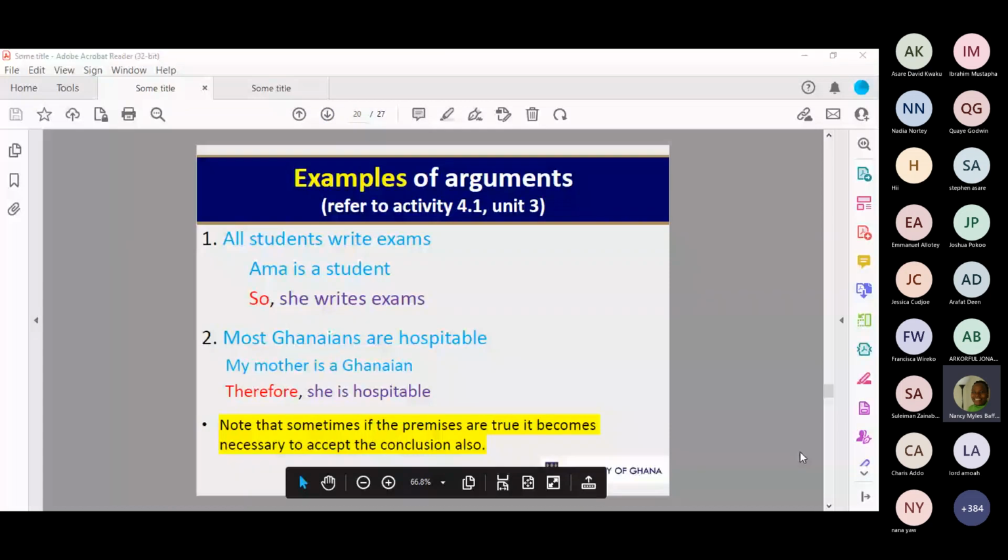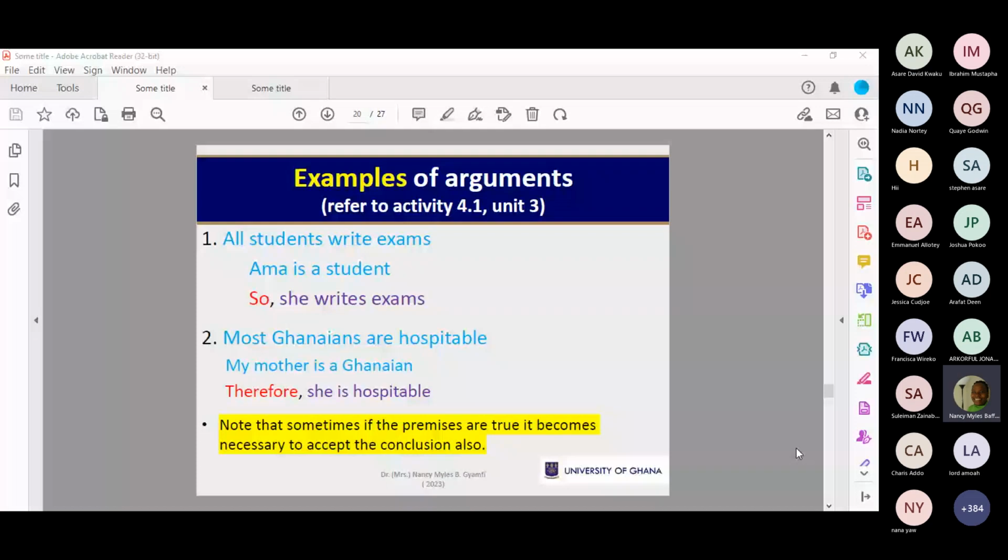That type of argument, whose premises, if true, will require the conclusion to also be true, is what we call a deductive argument. But for an inductive argument, it is possible for the premises to be assumed true, and yet the conclusion that you drew from them doesn't necessarily follow. And we'll call that type of argument what? Inductive.